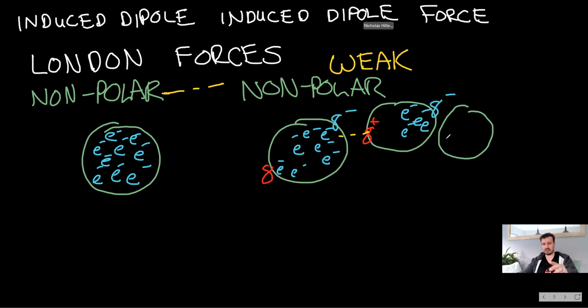And suddenly this might have a slightly stronger dipole, which is negative over here. And so I'm not going to draw it again, but you can see that it's constantly changing. And so they're very weak because they're very temporary. Right, so we can think of them as temporary.